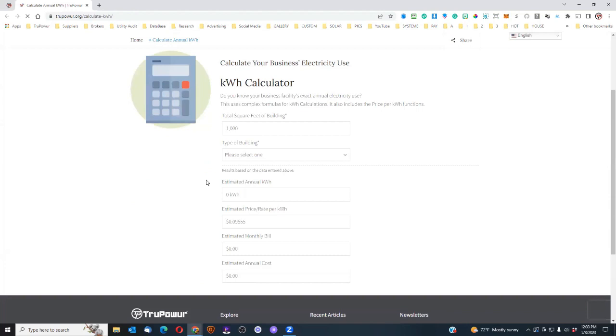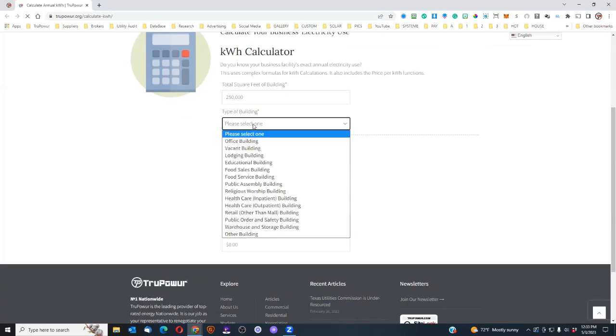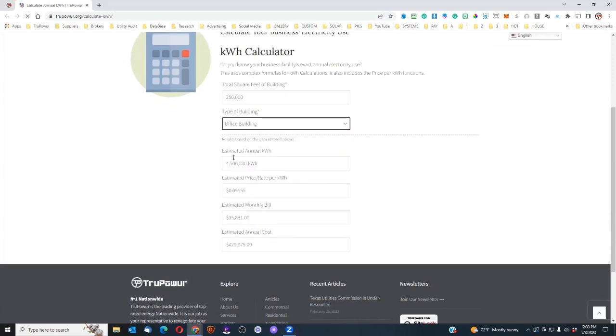And so let's say, for example, you have a customer that has a 250,000 square foot building, and that building is an office building, then in general, it's going to use about 4.5 million kWh per year.